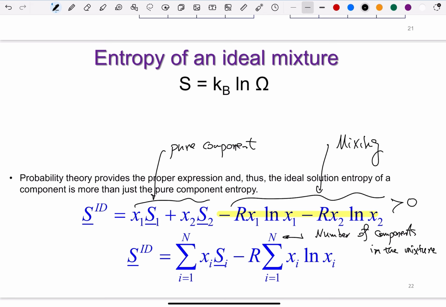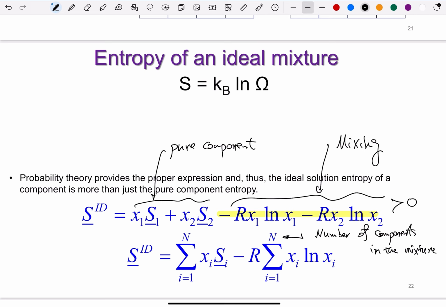Any questions about this? So this is very important. The most important part of this chapter is this equation. So now how do you define the excess entropy? What was the excess property definition? It's when there is a difference compared to the pure components. That is mixing property. So don't confuse these two things together.